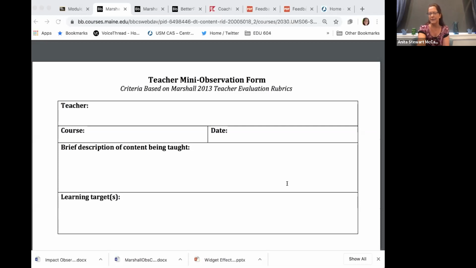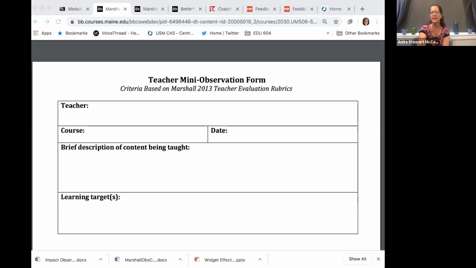So being able to say, as a result of the content addressed using the instructional strategies being used, here's the impact that I'm noticing, either from exit slips, or from scooching down beside students and talking to them, or what I'm noticing from their writing or a quiz or their progress on a project so far.